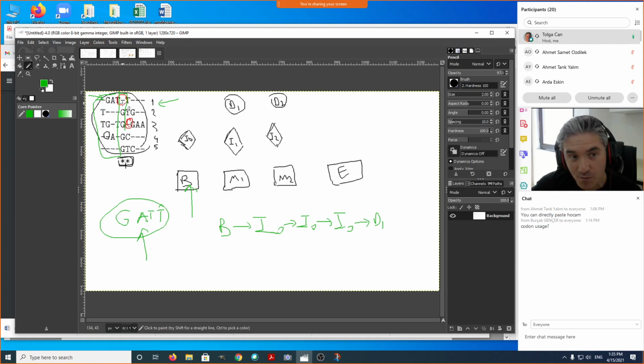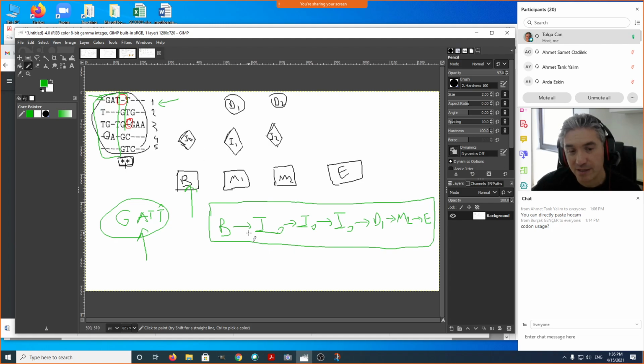It has to skip over the match state, and the only way it can do that is by visiting the D1 state. It deletes that, and from delete, it goes to match 2, which has this T. After match 2, there is nothing additional, and it directly goes to the end state. So the sequence of states visited by the first sequence is already provided by the multiple sequence alignment.